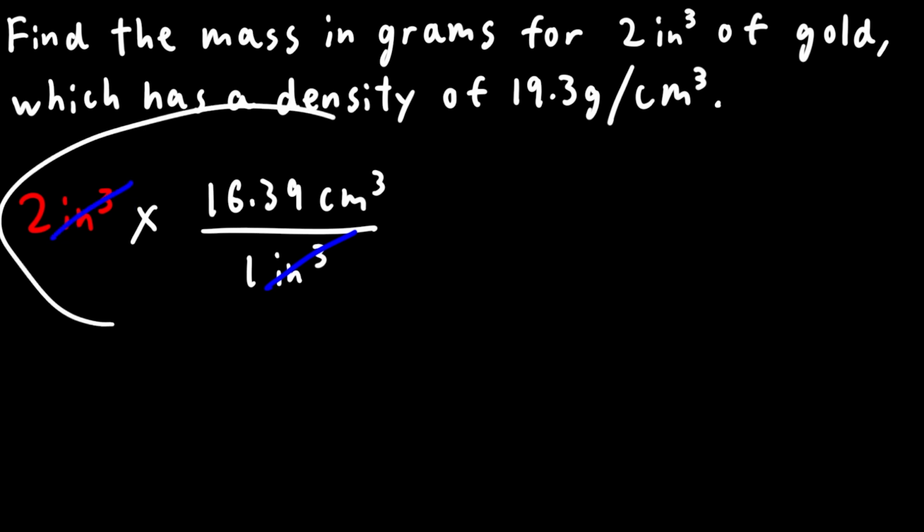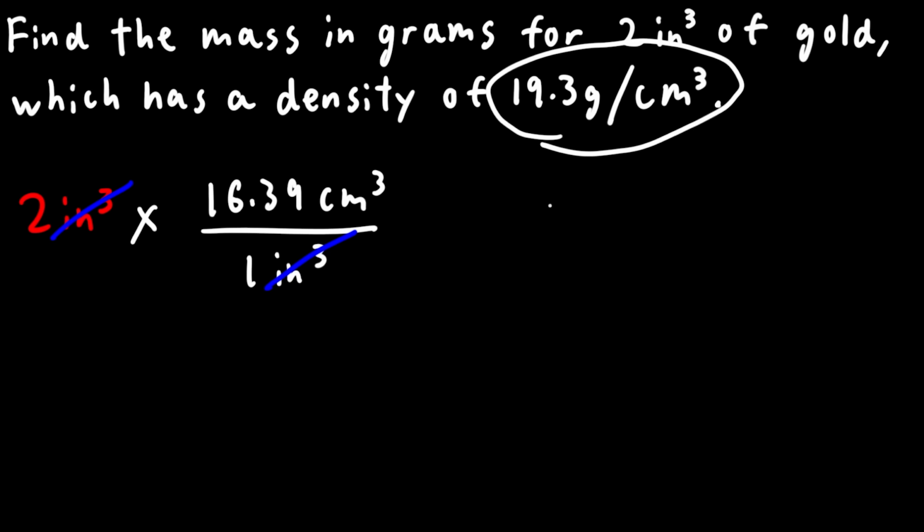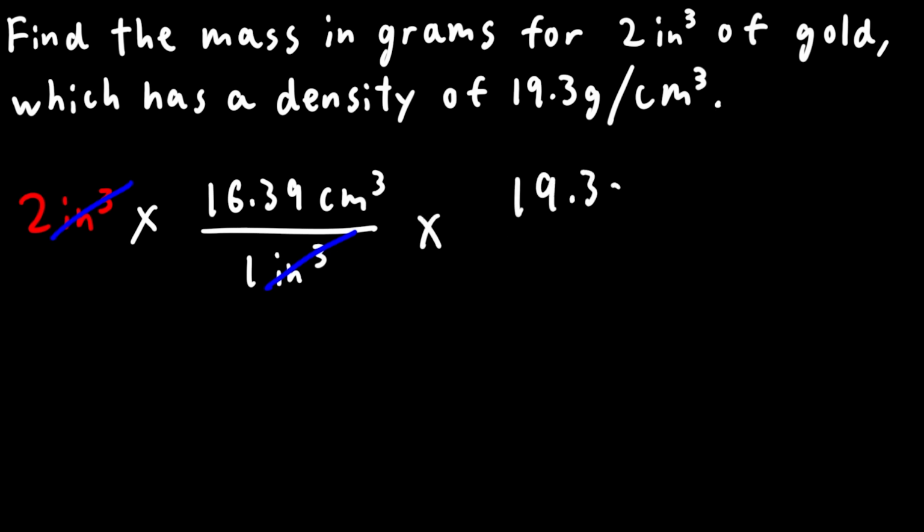Now that we have this value in centimeters cubed, we can multiply it by the conversion factor that's been given to us. So let's multiply it by 19.3 grams per cubic centimeter. Notice how we can cancel out the cubic centimeter in the denominator and in the numerator.